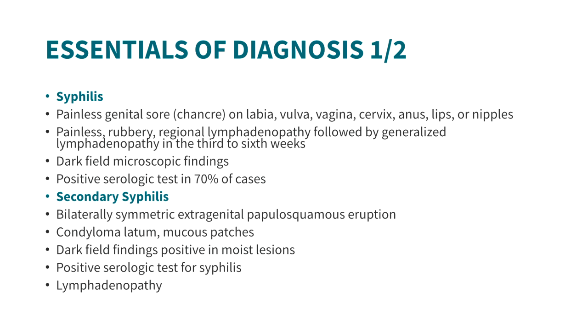If we have a secondary syphilis, with time we're going to see other manifestations apart from lymphadenopathy and a positive serological test. We can see condyloma lata, mucous patches, bilateral symmetric extragenital papulosquamous eruption.